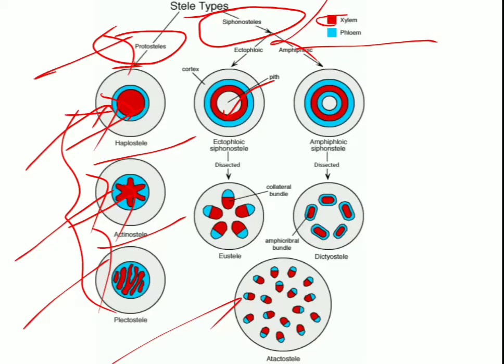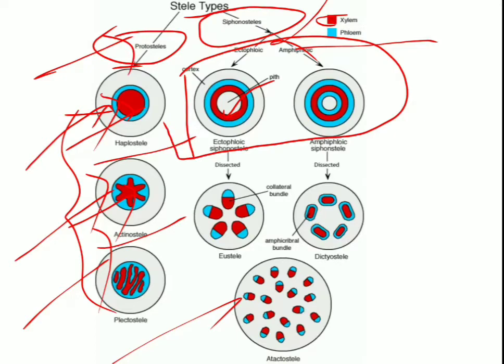Then siphonostele is divided into two types: ectophloic siphonostele and amphiphloic siphonostele.